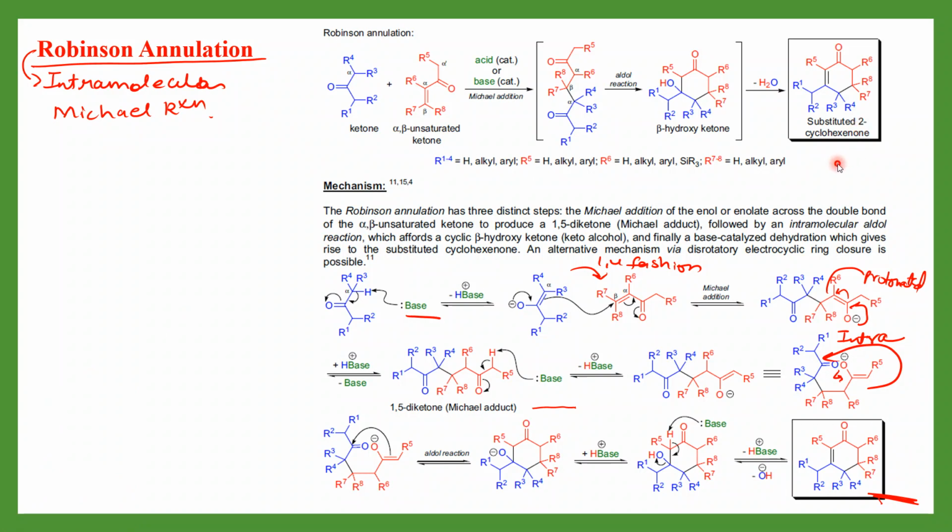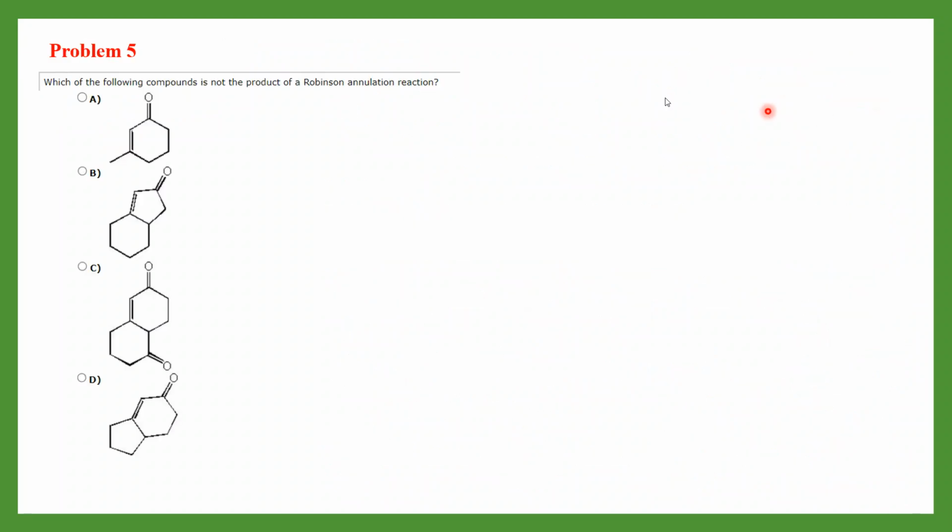If you look at this part, you got this part from your ketone moiety, and this remaining part is your alpha beta unsaturated system. Correct? And the question is asking which can't be the product of a Robinson annulation reaction. Can this five-membered ring product be an annulation product?